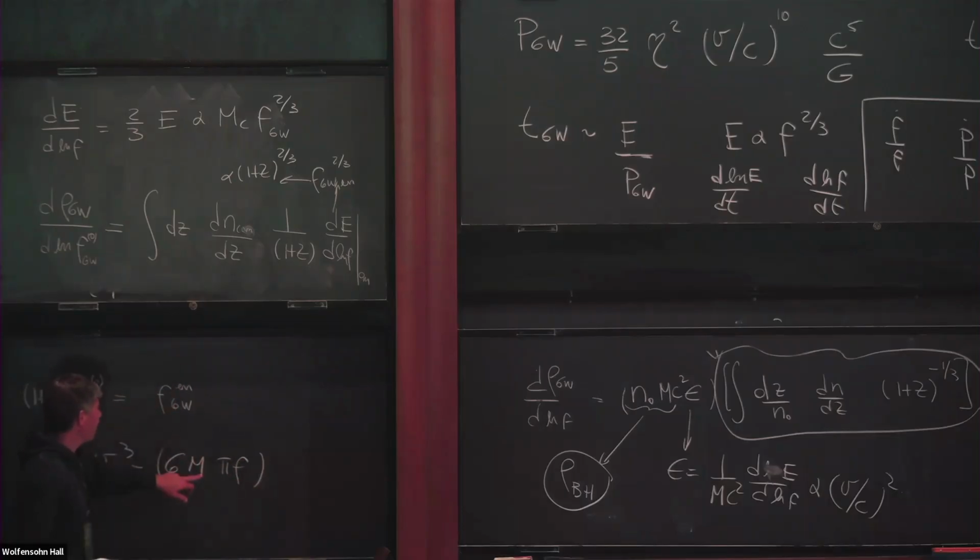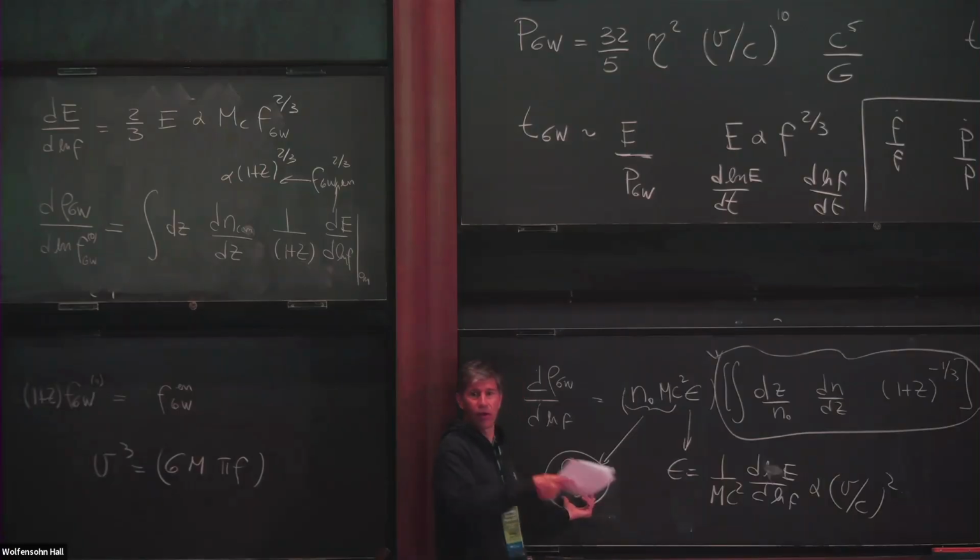So if I know the mass of these black holes, I can estimate v over c, and I know this efficiency, okay? And if I can count how many black holes there are in the local universe, I know the mass density of black holes, okay?